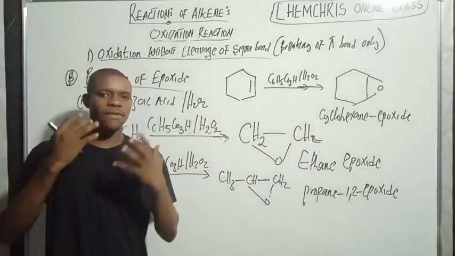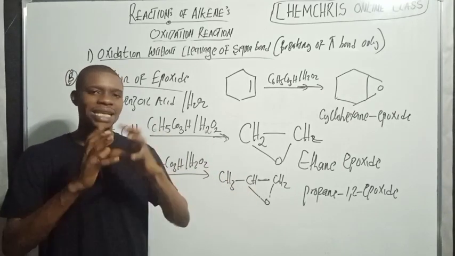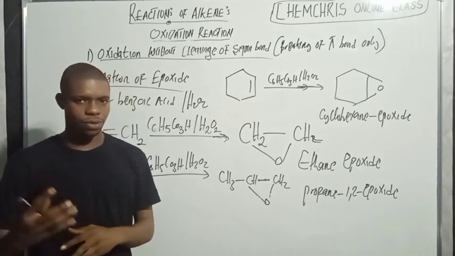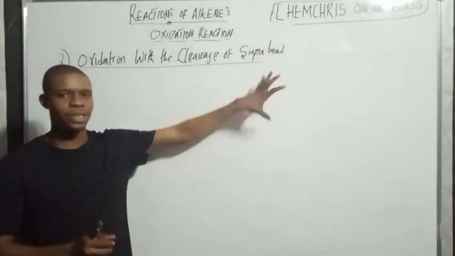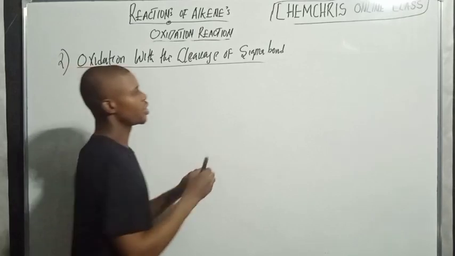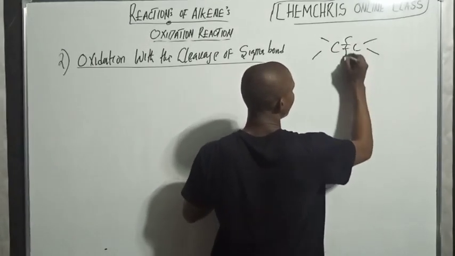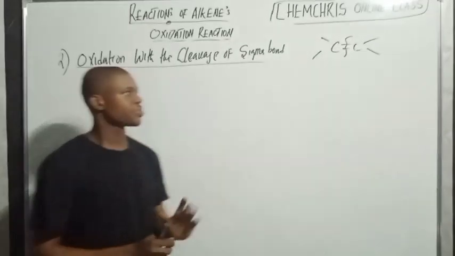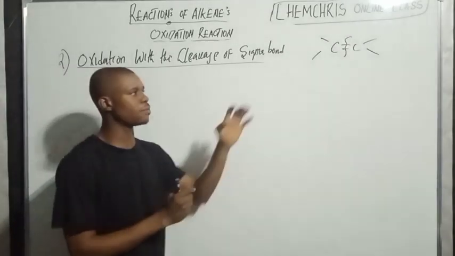Now, one of the main reactions when it comes to the oxidation of alkenes, which gives a lot of students headache, is the one with the cleavage of the sigma bond. That would be the next one I want to look at. That is, you are breaking both the pi bond and the sigma bond. It involves breaking the two of them.